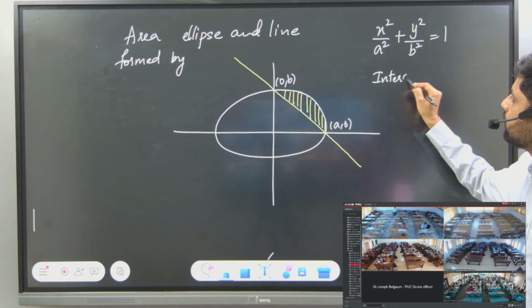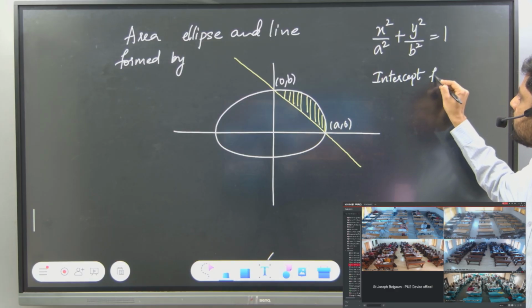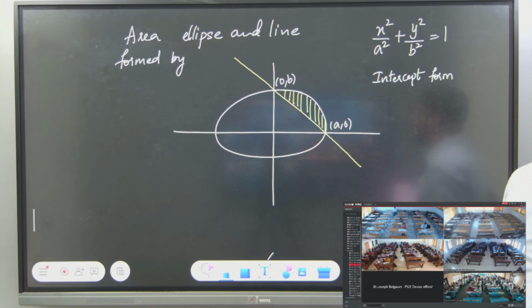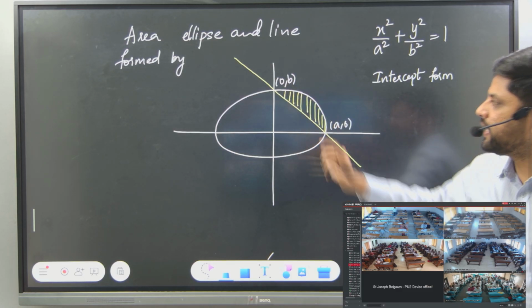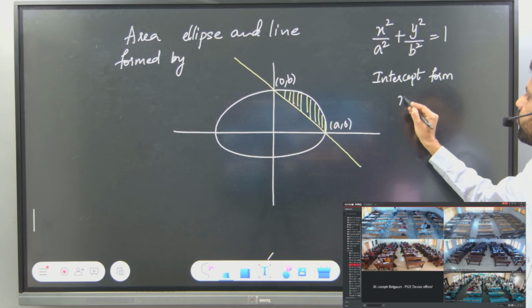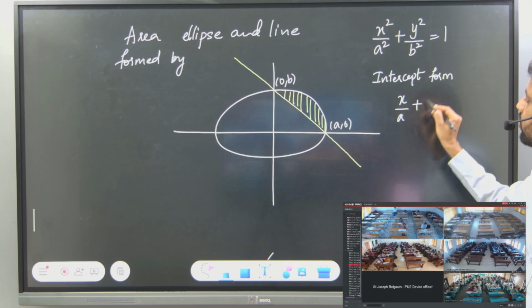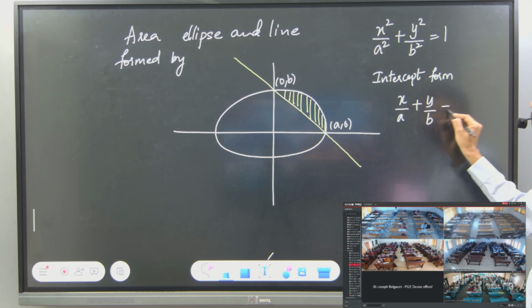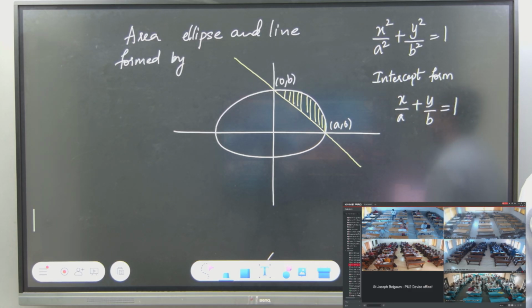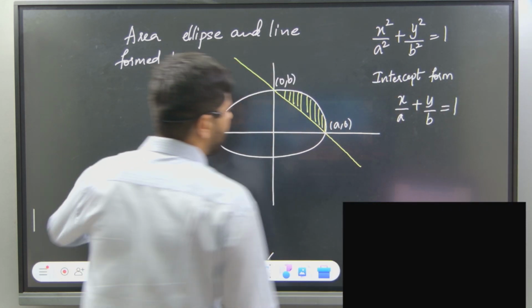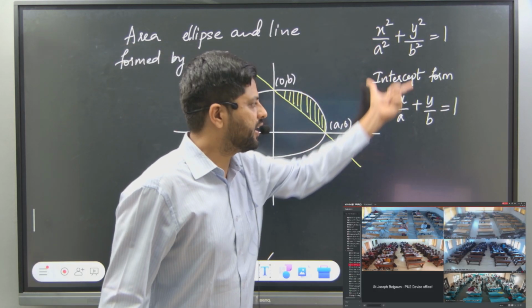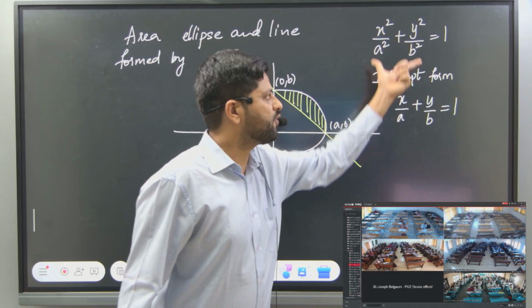Only intercept form. A is x intercept, b is y intercept. So intercept form will be x by a, you had this last year, plus y by b is equal to 1.